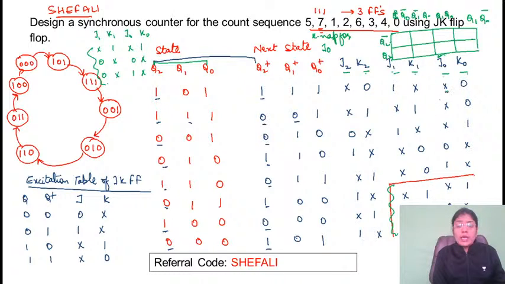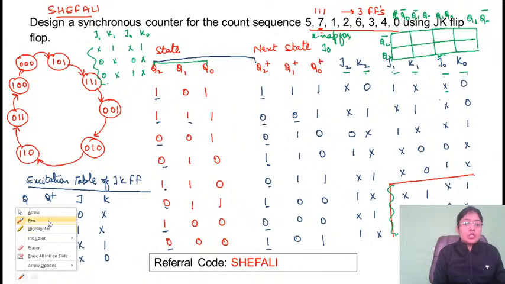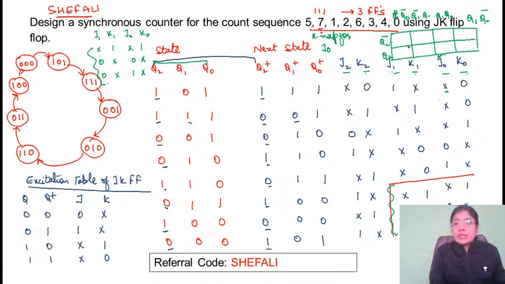You need to know which position each don't care corresponds to. If I write the positions here, they represent 0, 1, 3, 2, 4, 5, 6 and 7. Correct?